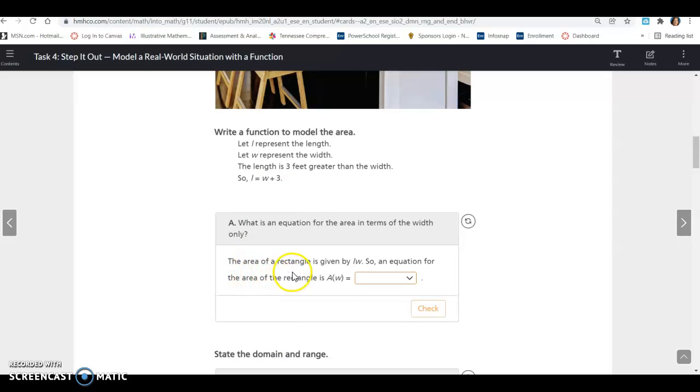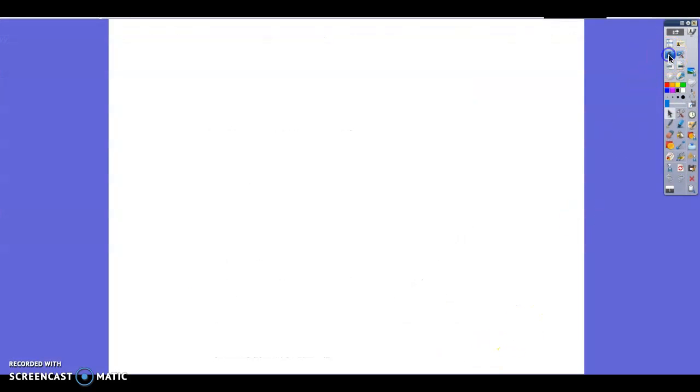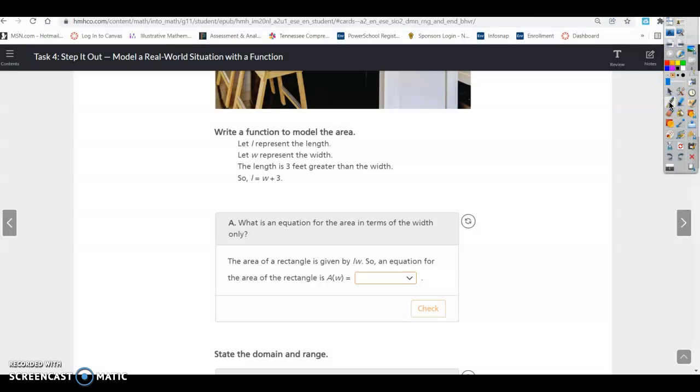So it says the area of a rectangle is given by length times width, so an equation for the area of the rectangle is, all right, let's see if I can get my pen to work here. So if we've got W times W plus 3, we can simply distribute that.